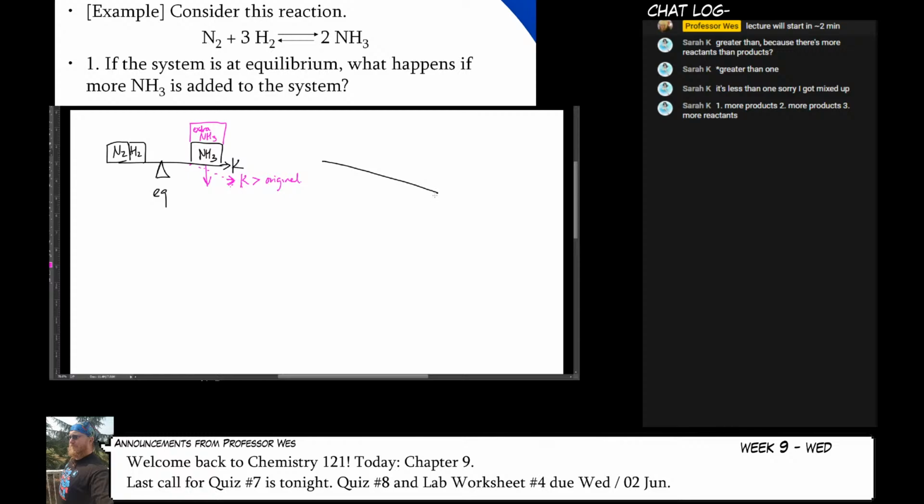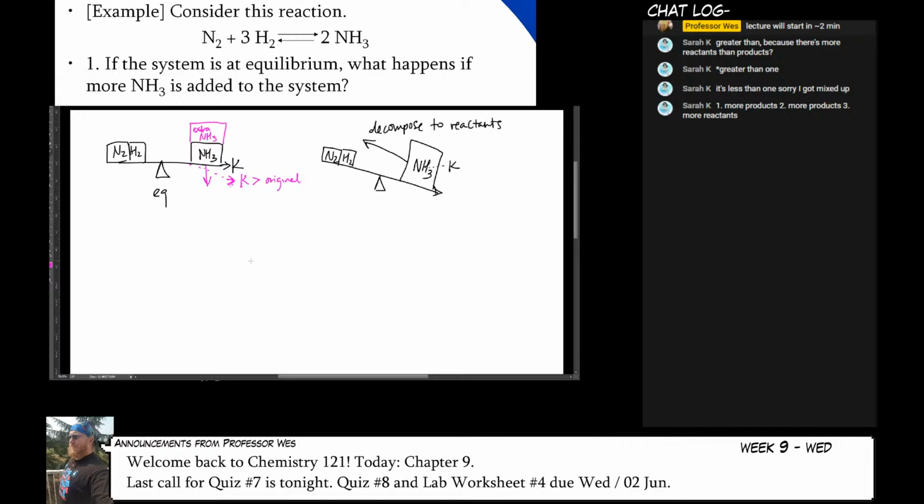Well, if this is my circumstance that I'm at now, and I want to get back to equilibrium, and I have all this ammonia, then I need to get rid of it so that I can put more stuff over here. So I'm going to decompose to make more reactants.